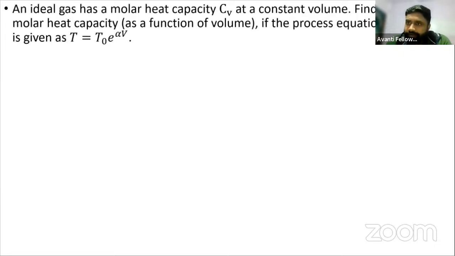I trust you that you are really solving it. Now, try to solve this question.